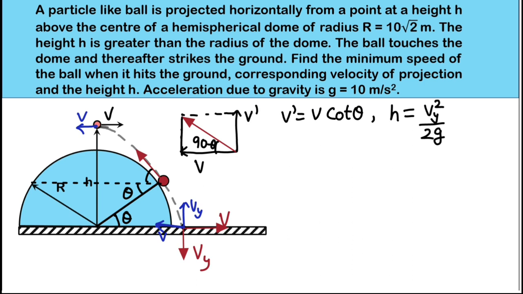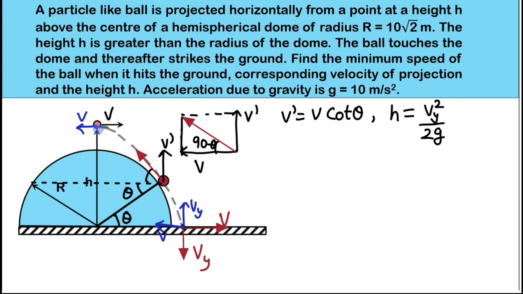And also, if we just see the motion of this ball from this position to this position, also from this particular position when it was touching this maximum height here, during this time, what is happening is the initial velocity in vertical direction V dash, in the vertically upward direction, it is that much.